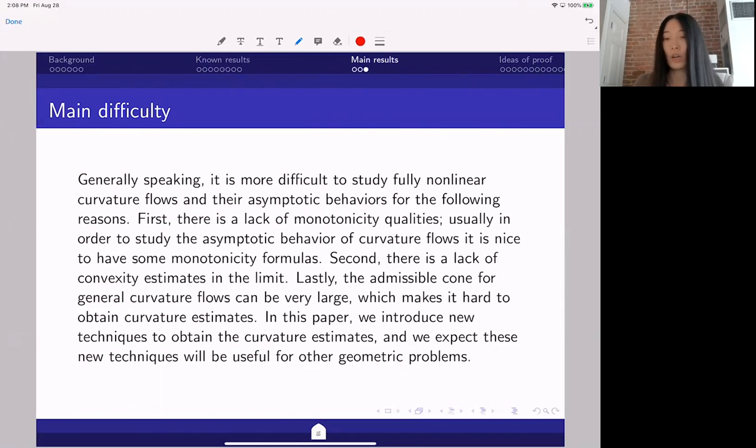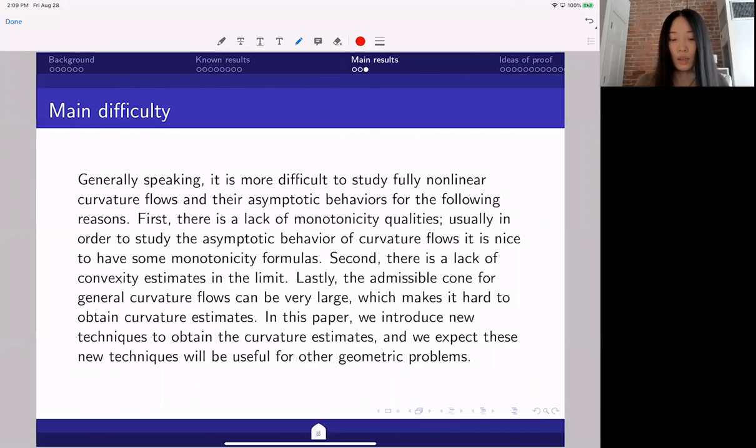Also for Gauss curvature flow, Guan and Ni used some monotonicity quantities as well, and that quantity was first started by Ben Chow.